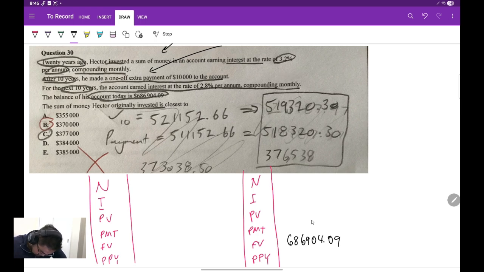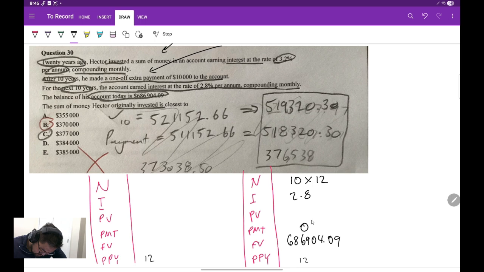So 12, 12. Now, the interest rate is 2.8% for the second part. And it says for the next 10 years. So this is going to be 10 times 12. And so, it doesn't look like he made any extra payments. So in this case, payments will be 0.